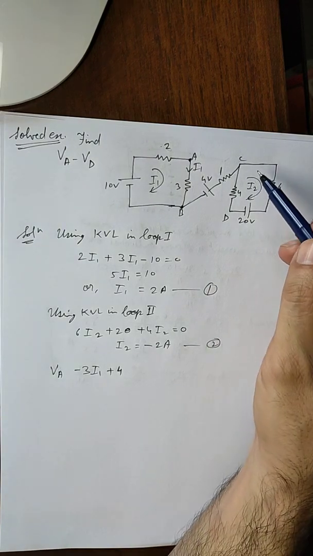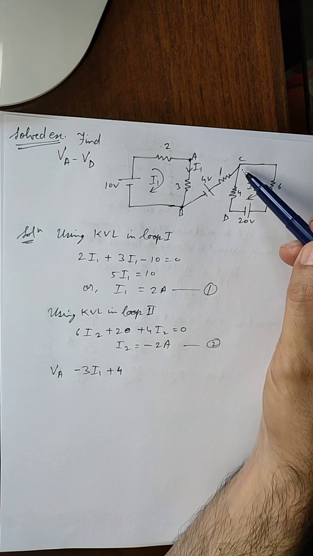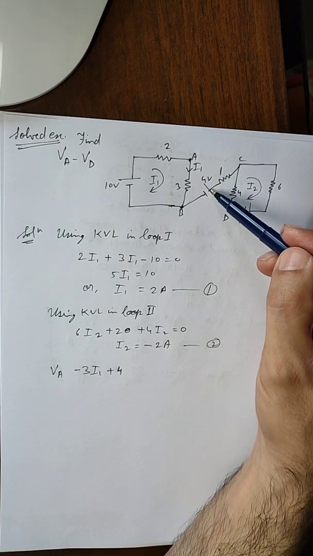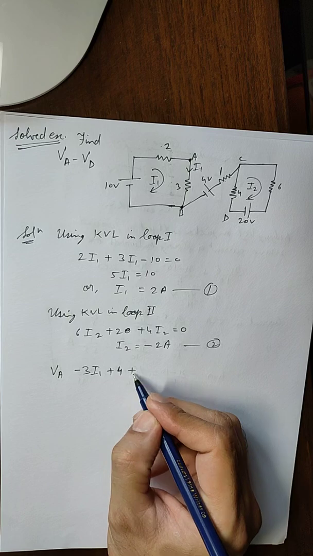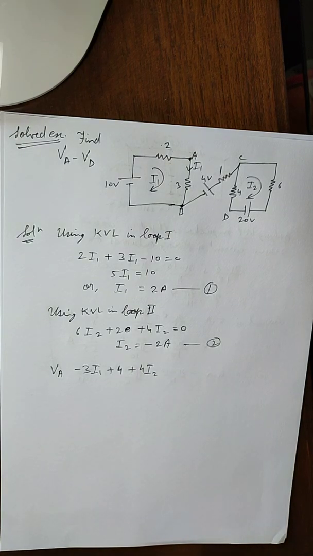One negative sign is because we are moving opposite to the direction of I2, and one negative sign is because the potential here will be lesser than the potential at the 4-volt battery. So both negatives multiply and give us positive, and we get a potential of plus 4I2 here.